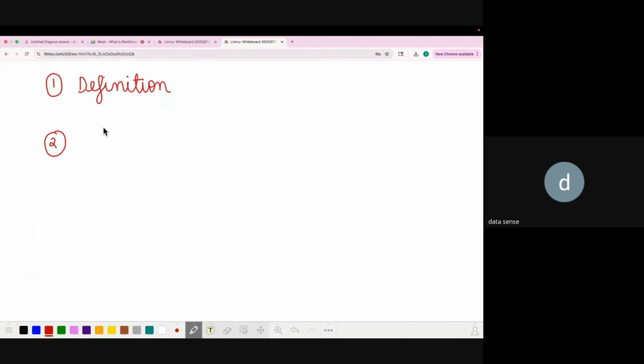After that, we are going to study three scenarios. We'll first discuss what is a multi-arm bandit problem. Okay, sounds very fancy, but it is not. Multi-arm bandit problem, this is what we are going to study.